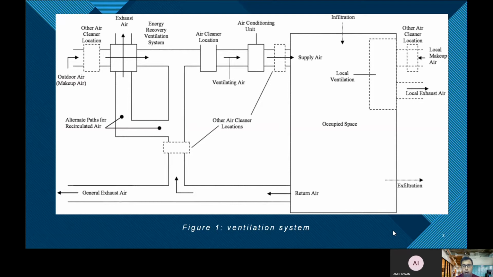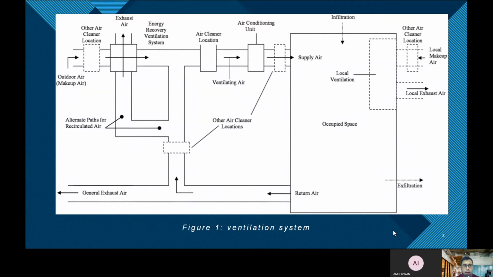Exfiltration is uncontrolled outward air leakage from the conditioned space through unintentional openings in ceilings, floors, and walls to unconditioned space or the outdoors, caused by pressure difference across these openings due to wind, inside-outside temperature difference, and imbalance between outdoor and exhaust airflow rates. Occupied space is an enclosed space intended for human activity. Return air is air removed from a space to be recirculated or exhausted.